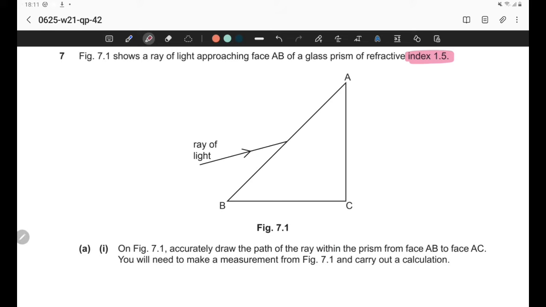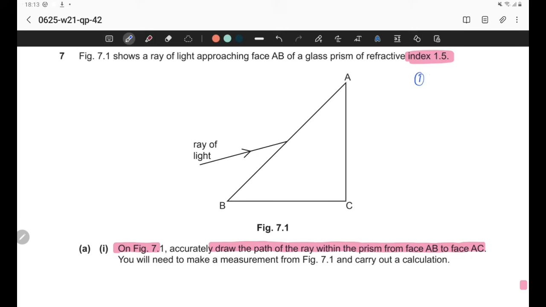So here on figure 7.1, we have to draw the path of the ray within the prism from face AB to face AC. So in this question, we have to draw the ray after it is passing through the surface AB, in which direction it will go. We have to take the measurement and draw accurately.